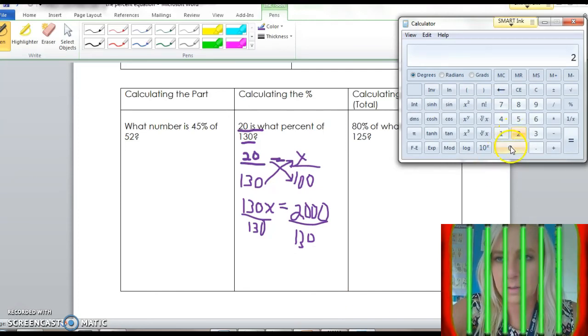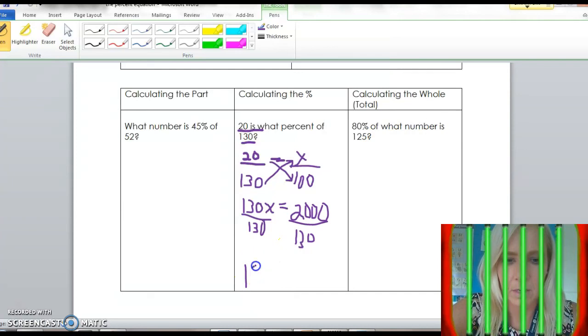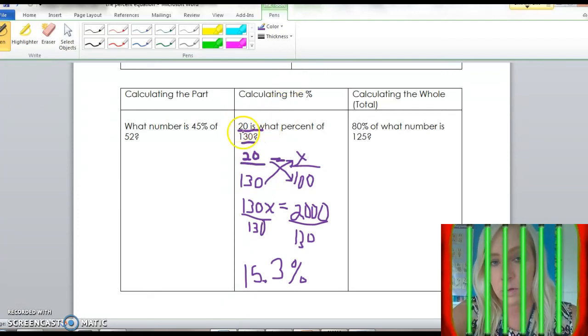So 2,000 divided by 130 gives me 15.3%. So what that would mean is, say 20 people out of 130 actually think I'm in math jail right now, which shouldn't be a bad thing, because doing a lot of math is actually good. So this really doesn't make sense at all, but that's okay. So if 20 out of 130 people actually thought I was in math jail, that'd be 15.3% of the people.